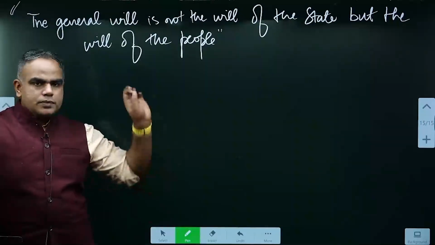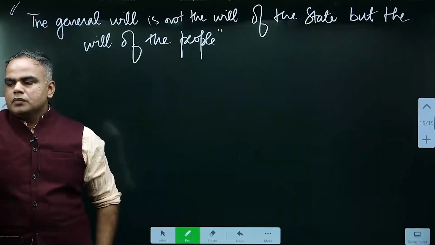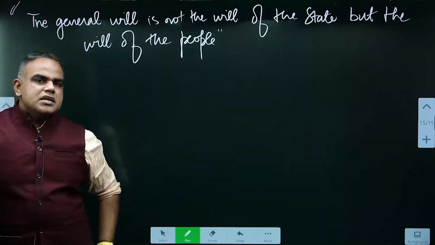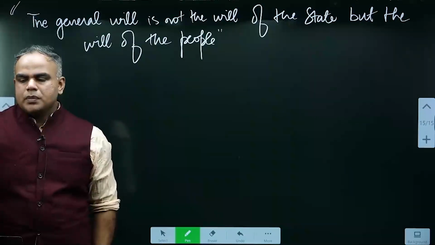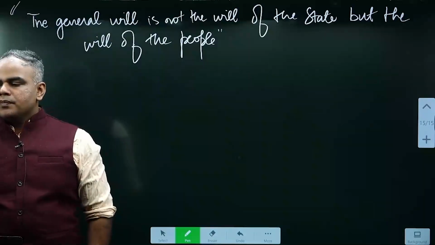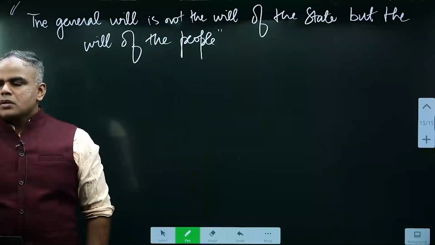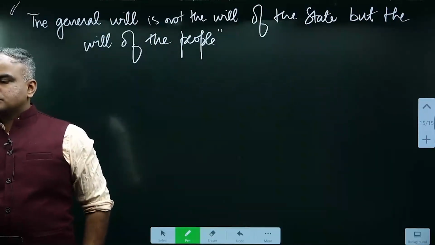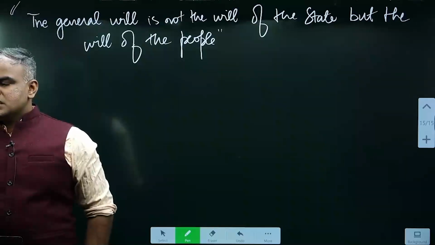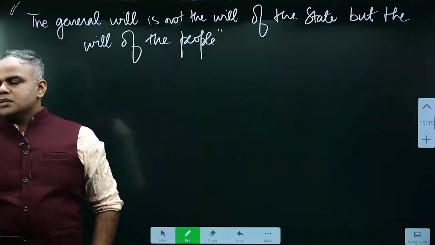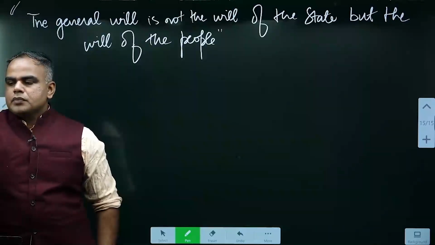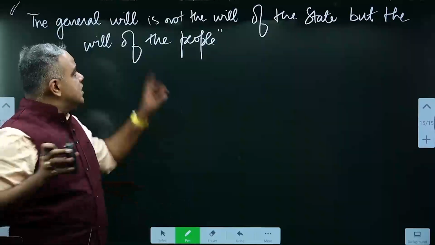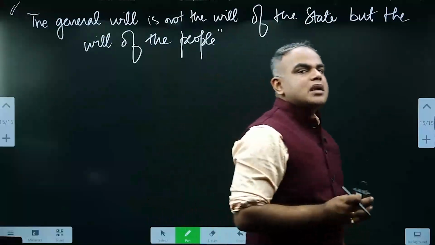Write this. This means that the concept of general will was earlier misunderstood. It was misunderstood as if the state enjoyed ultimate power.